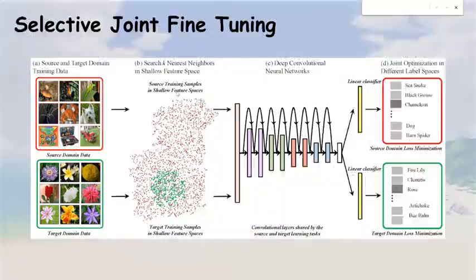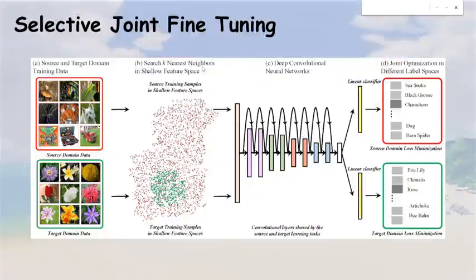The way that the authors propose identifying useful data from the source domain is to use the k-nearest neighbors algorithm in a shallow feature space of a trained convolutional neural network.